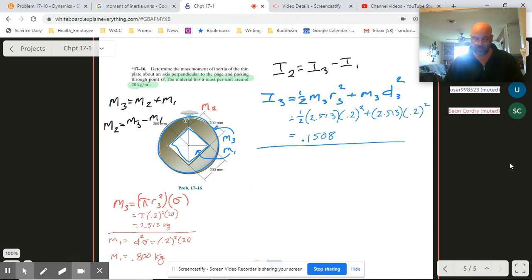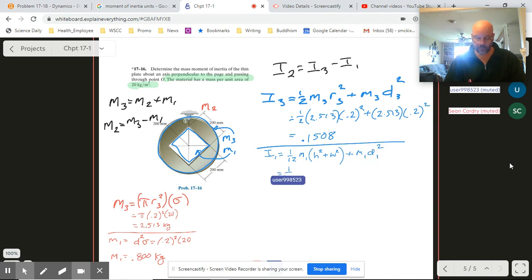So now let's come in here and let's get I1, which is a square. And you just look it up. It's geometry, what it is. And it turns out that it's 1/12 the mass of the square, which is M1, and then it's height squared plus width squared. So interestingly, that's really a diagonal. You see Pythagorean theorem hidden in there. So it's really the diagonal of the rectangle. Then plus M1 and the offset of that squared.